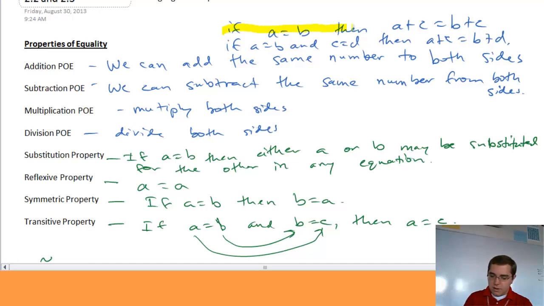This one right here. If A equals B, then A plus C equals B plus C. Or if A equals B and C equals D, then A plus C equals B plus D. If I have two sets of things that are equal, I can add one element to the left side and one to the right side, and I still have an equation. That's the addition property of equality.